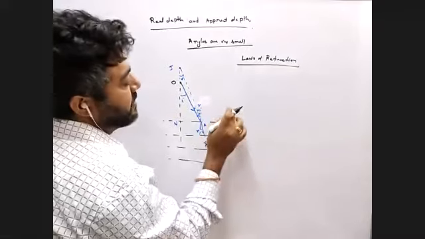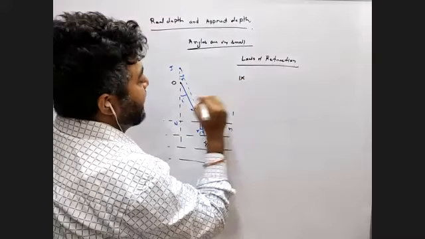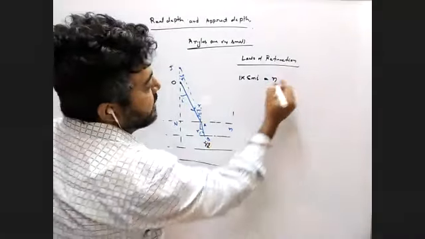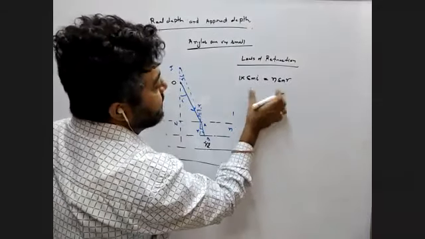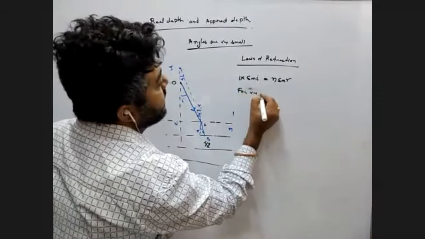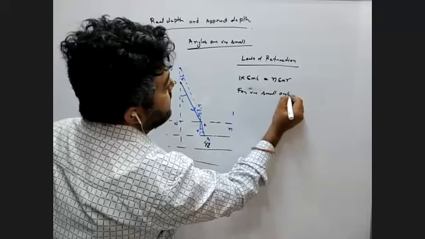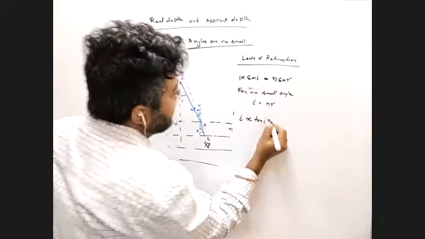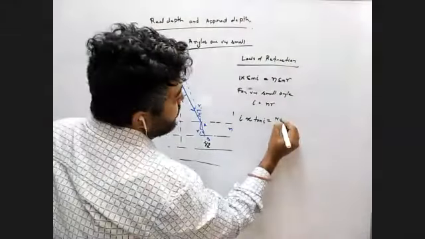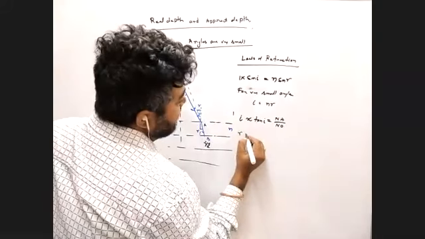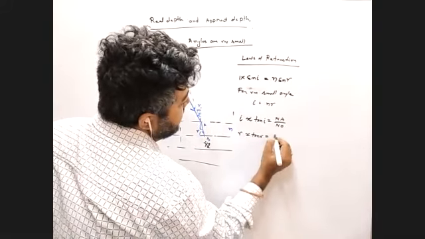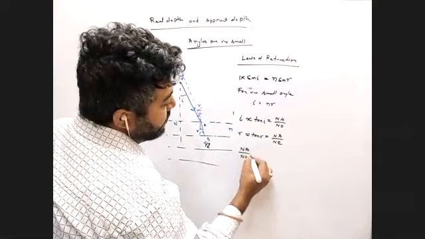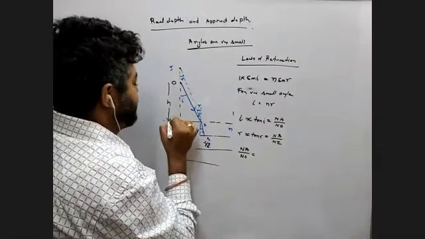So the laws of refraction: first medium is 1, angle of incidence i, sine i equals n into sine r. For a very small angle, i equals n r. Now tan i is nearly equal to sin i, perpendicular by base, so na by no. Let this height be h.